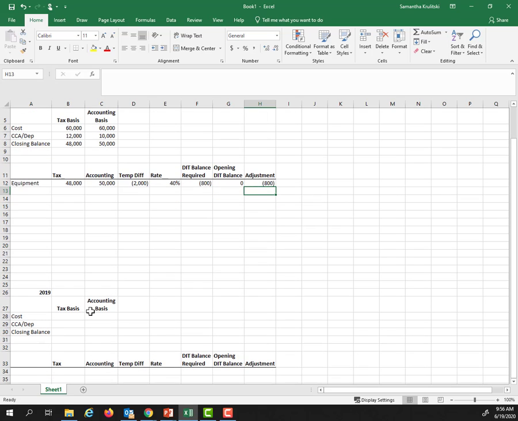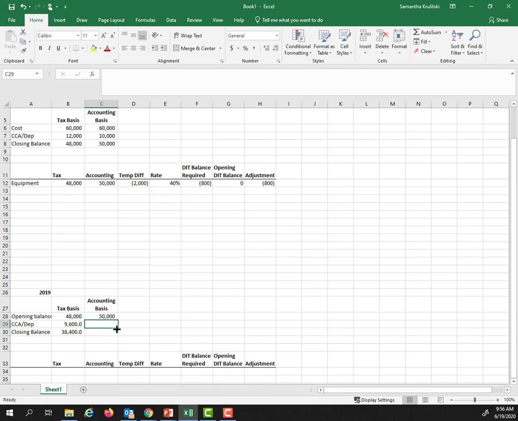If we scroll down now to 2019, our opening balance is what our closing was in 2018, so $48,000 and $50,000. Our CCA, we're still calculating at 20%, so 20% of that 48,000. Our closing balance in 2019 is going to be 38,400.